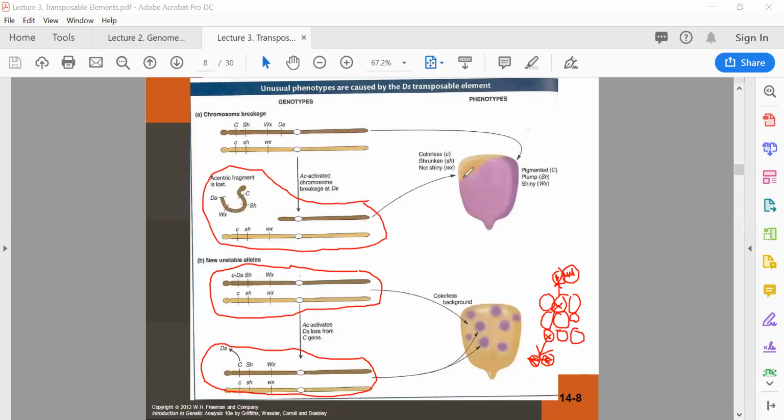Whereas the rest of the kernel, all that coloured part of the kernel with the other phenotypes that go with it, all have this genotype up here. Does that make sense?